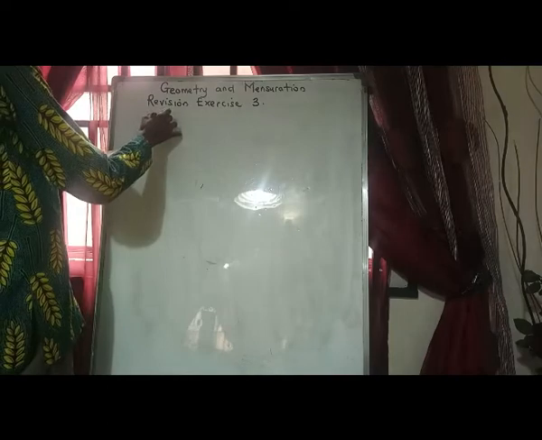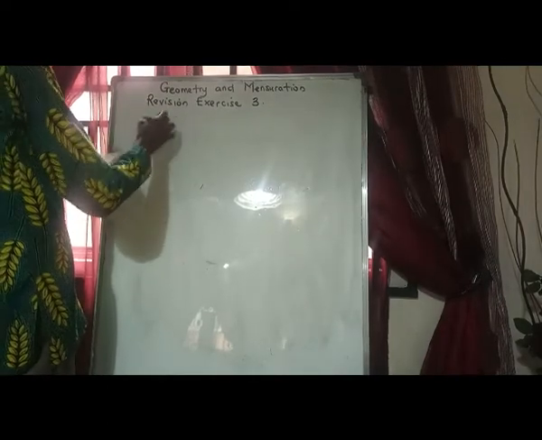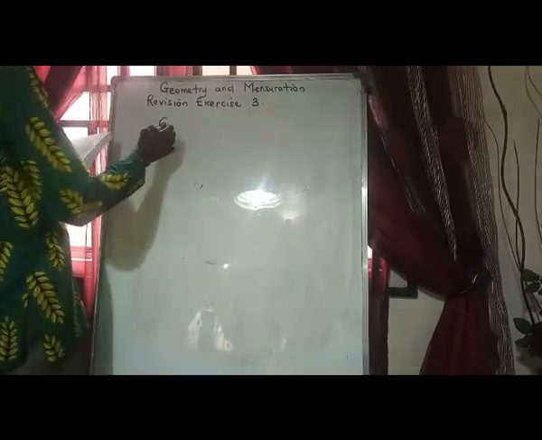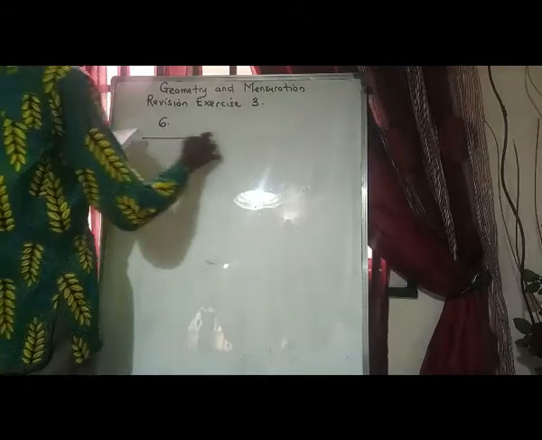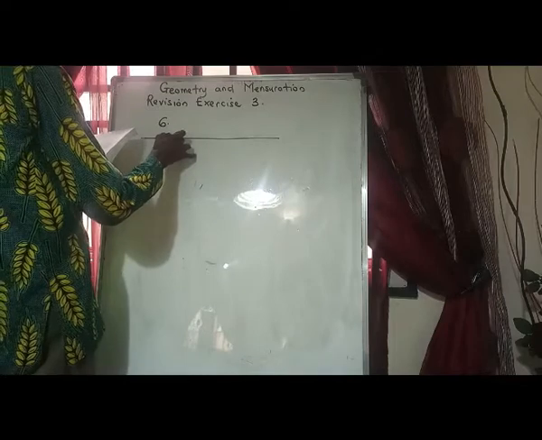Okay, so we start, still on this geometry and mensuration series, with question 6. And the trick always is to have a very good diagram. Geometry requires you to do a lot of drawing.